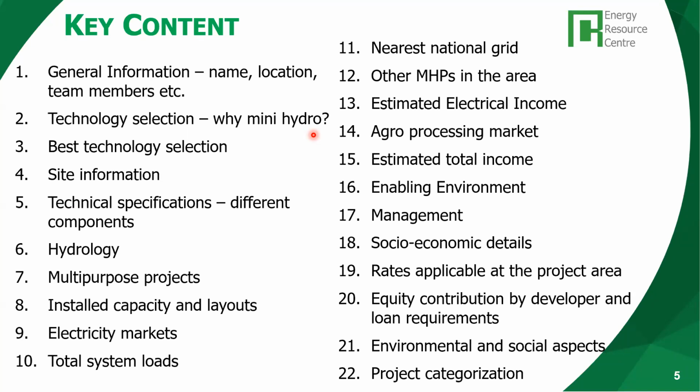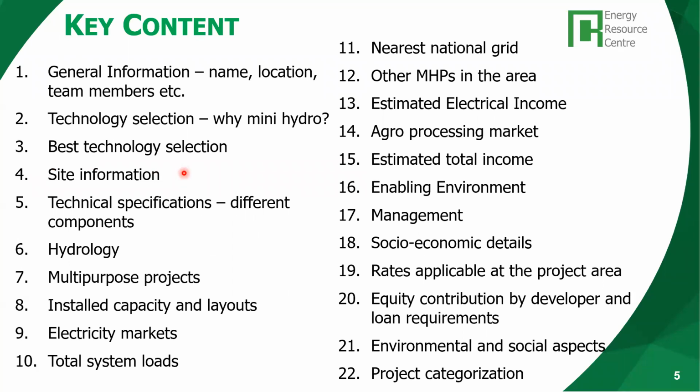Can it be produced using solar, biomass, bioenergy, wind? This has to be evaluated, and why mini hydro or micro hydro is the best technology selection has to be established. Then you provide the site information, as I mentioned, where it is located.